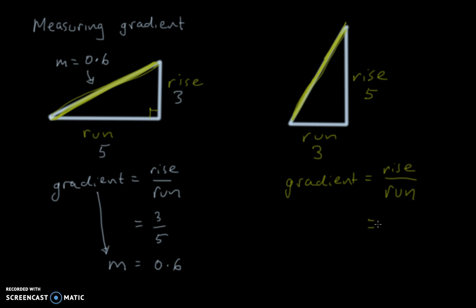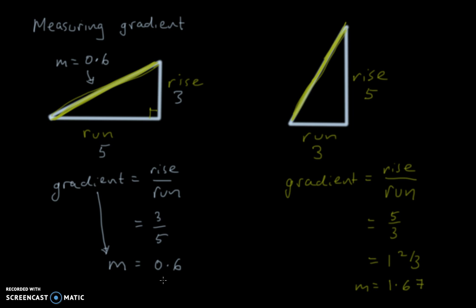And in this case, it's 5 divided by 3. Now you can work that out. You can say 1 2/3, or you can say 1.67, corrected to 2 decimal places.